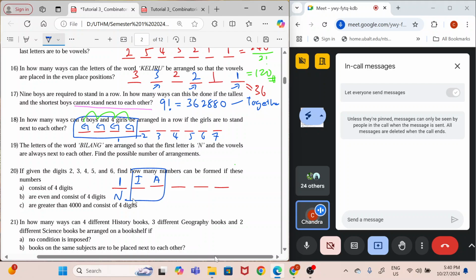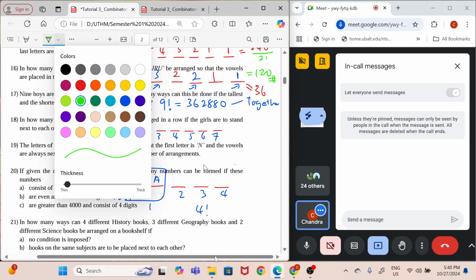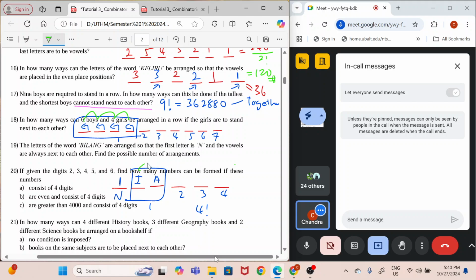So this is one gang. Okay, so we don't move this one. We only move these 4, and inside here E and O can interchange themselves. I don't move the N because N is fixed. It is always the first letter.